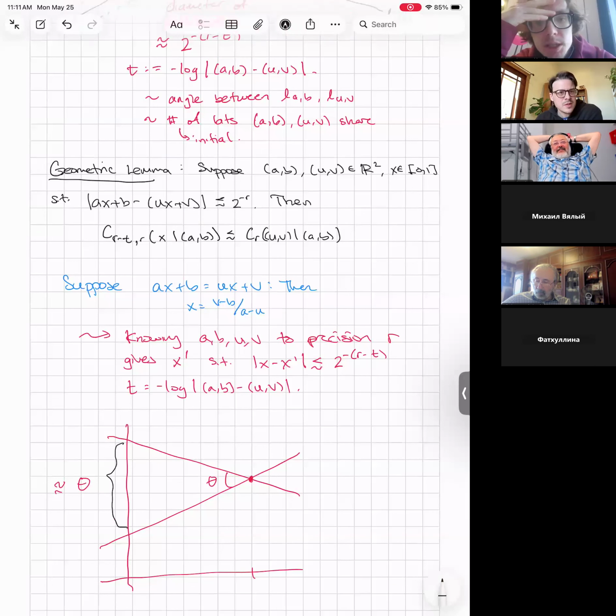And the slope is just the difference between a and u. So the difference between a and u is basically also the same thing as the difference between the intercepts. Okay, yeah. All right, I believe it now, more or less.